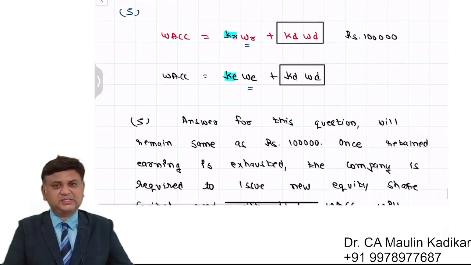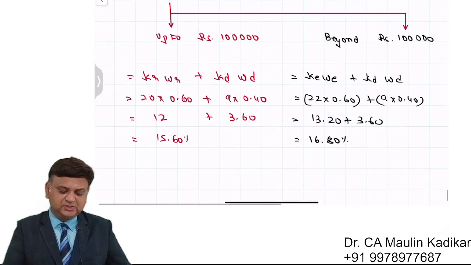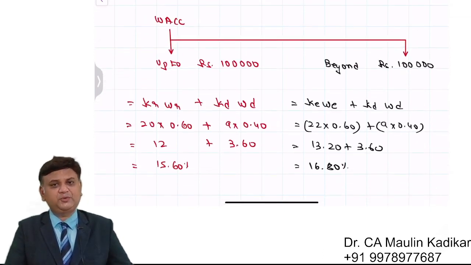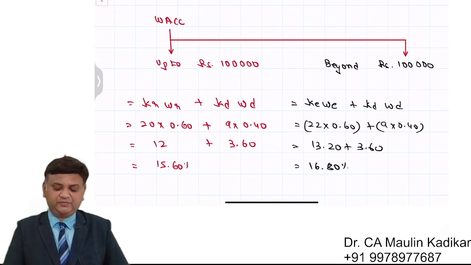And the same question is again, what is the amount of the financing beyond which the weighted average cost of capital will change? So in that case, it is 60,000 divided by 0.6. For the purpose of understanding, we have computed what is weighted average cost of capital up to 1 lakh rupee and what is the weighted average cost of capital beyond 1 lakh rupee. Write an answer.